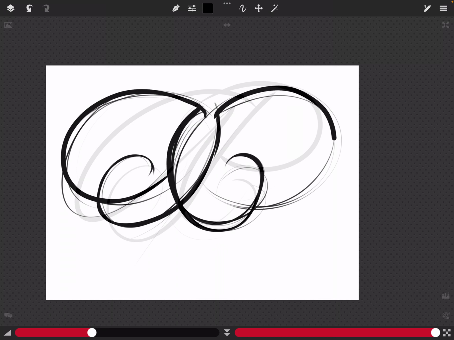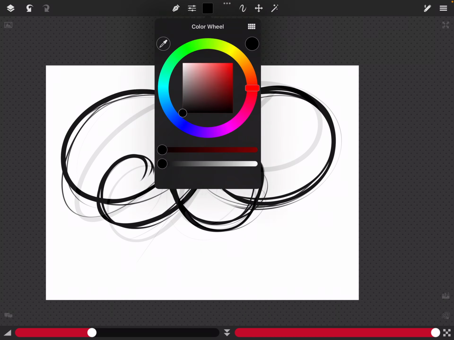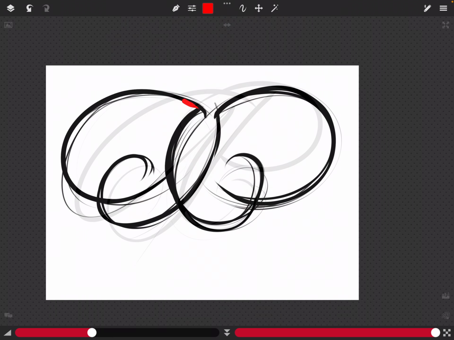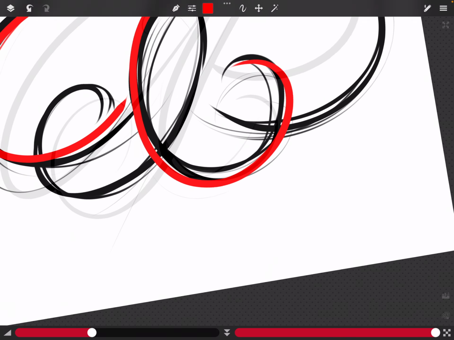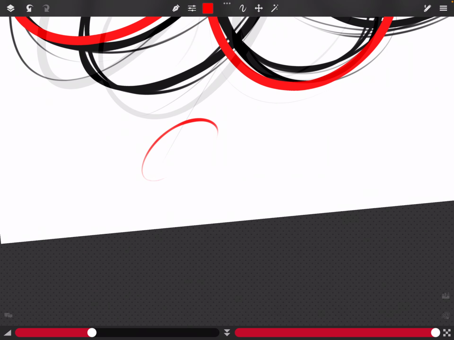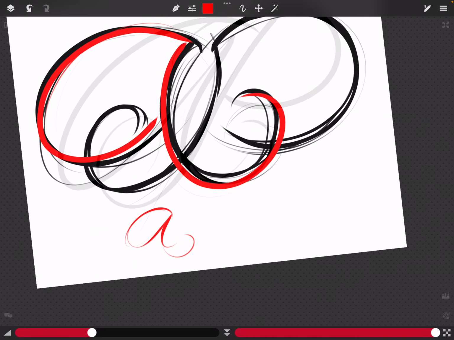I don't know how I ever got that in my little head. A. Again, sometimes showing them in two colors. There's the A. So it's this kind of an A, right? Except I've just made that part a little bit bigger.